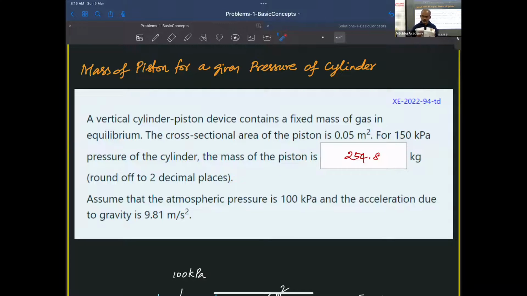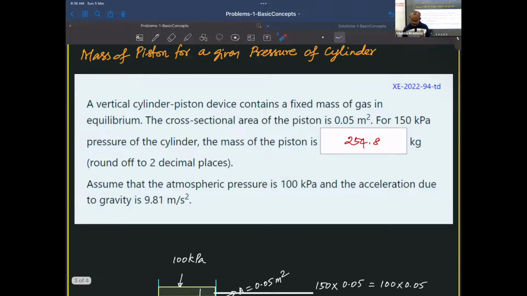So whenever there is no information available, we are allowed to take it as absolute pressure. So this is 150 kPa absolute pressure, and the mass of the piston is to be found, rounded off to 2 decimals. So wherever you work out, round off to that level. Assume that the atmospheric pressure is 100 kilopascal and acceleration due to gravity is 9.81 meter per second square.